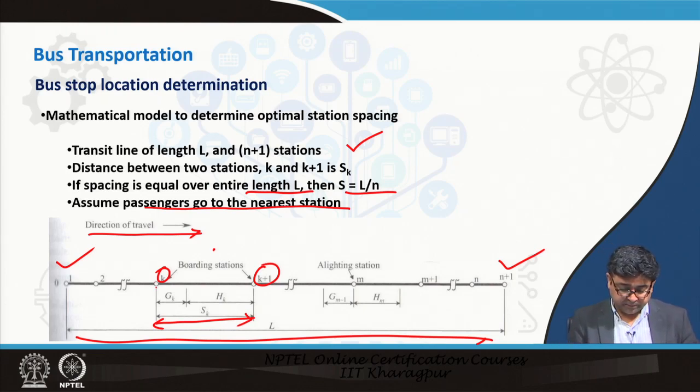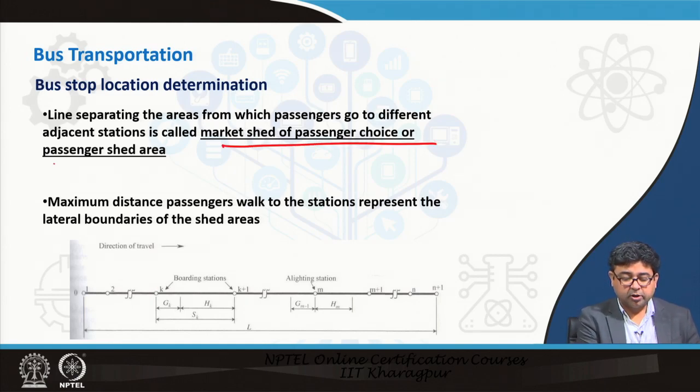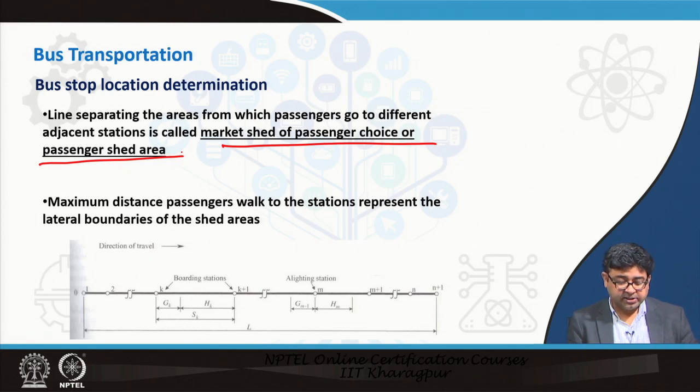Now, what we need to do in the first step is to determine the market shed of passenger choice, which is called a passenger shed area. You see this line here demarcating the spacing between the 2 stations k and k plus 1 by what is called a g k and an h k. This line is demarcating the spacing into 2.